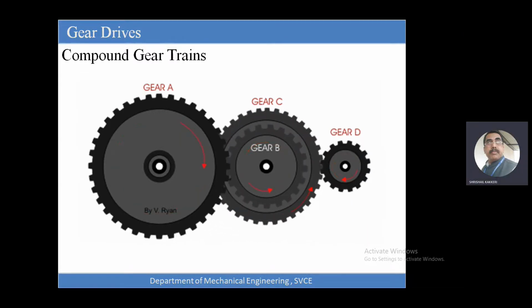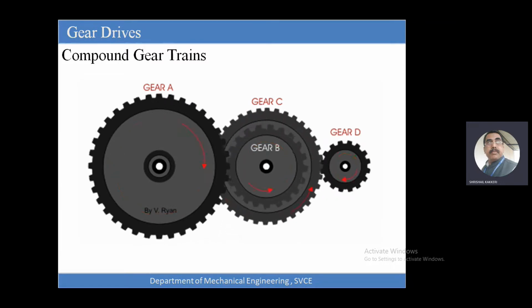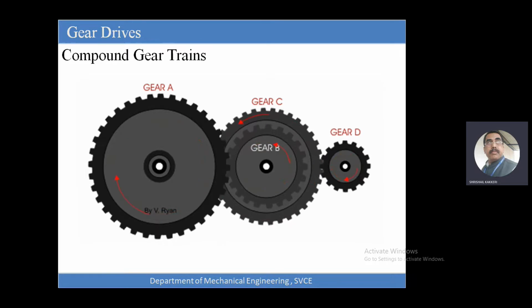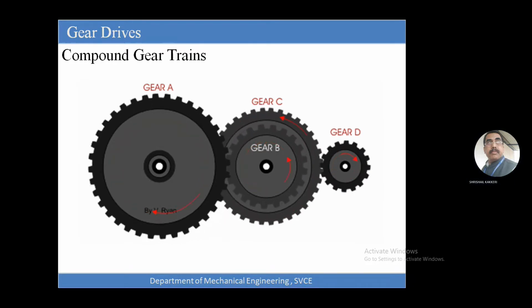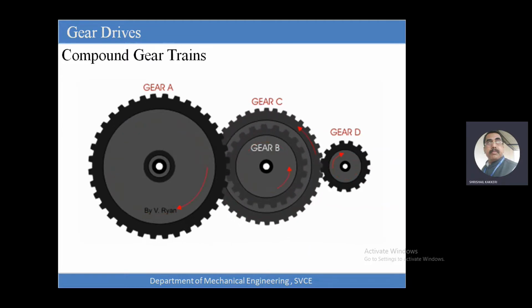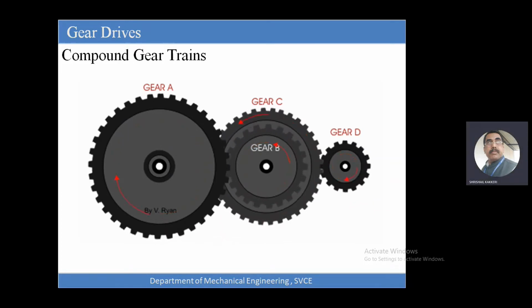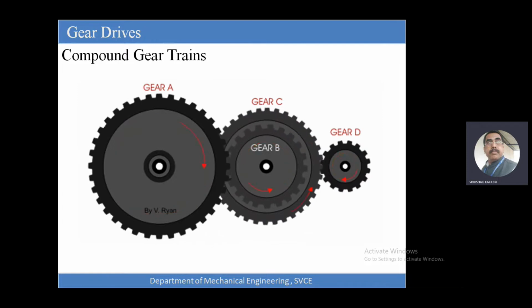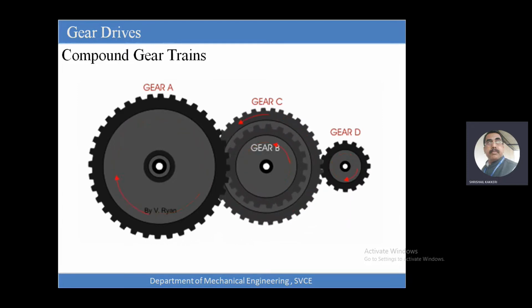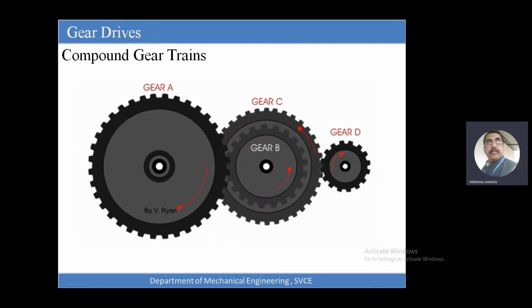So the speed of gear B and the speed of gear C are equal. So ND by NA is equal to this. ND is the output gear, and NA is the input gear. This is how we can calculate the velocity ratio of a particular gear system.